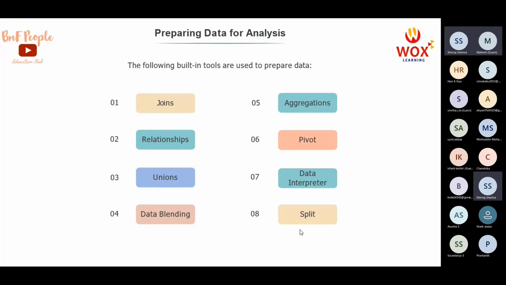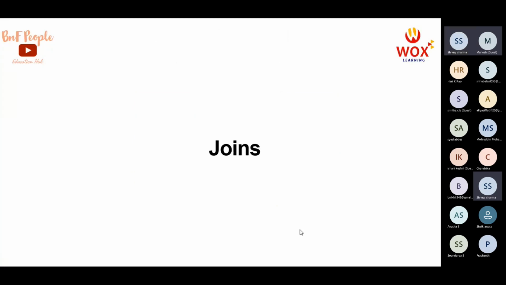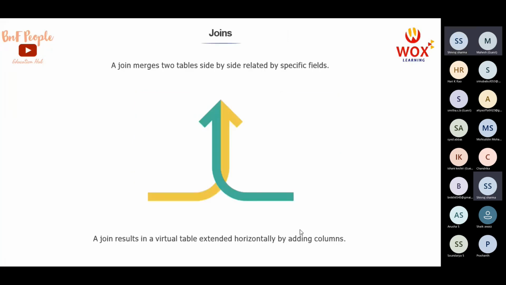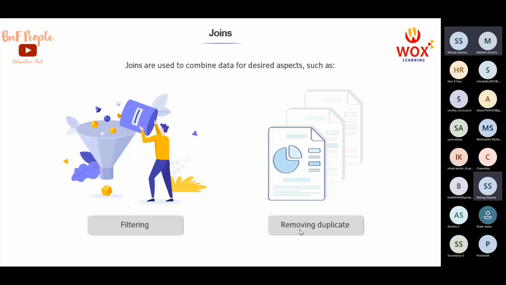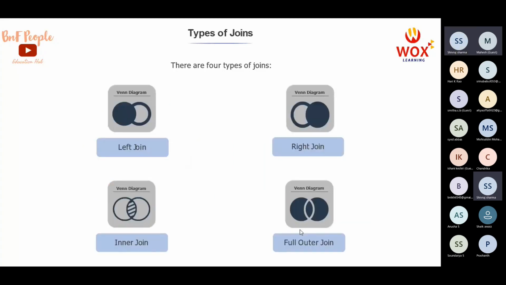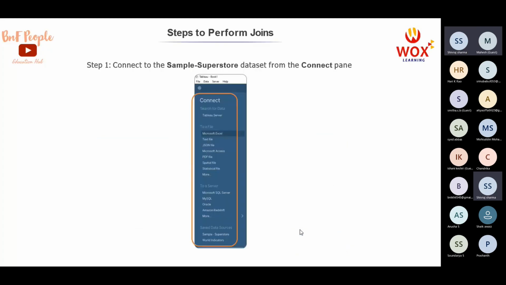The relationship we didn't see, we just understood what a relationship is. We saw first what joins are, what joins do, and then the types of joins available in Tableau.